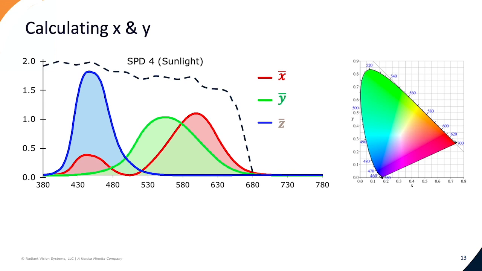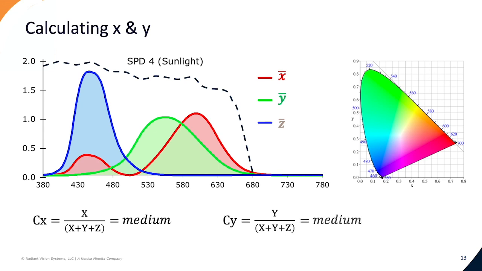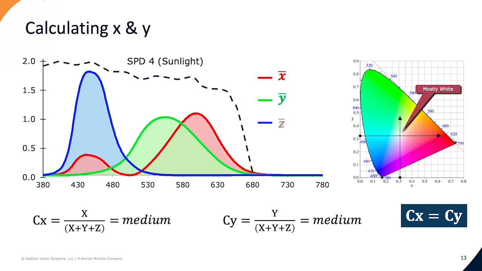These areas are denoted uppercase X, Y, and Z, and are referred to as tristimulus X, Y, and Z. Finally, we calculate the CIE 1931 chromaticity coordinates xy, or as labeled here, Cx and Cy, as the division of the tristimulus X and tristimulus Y values by the total sum of all three tristimulus values respectively.